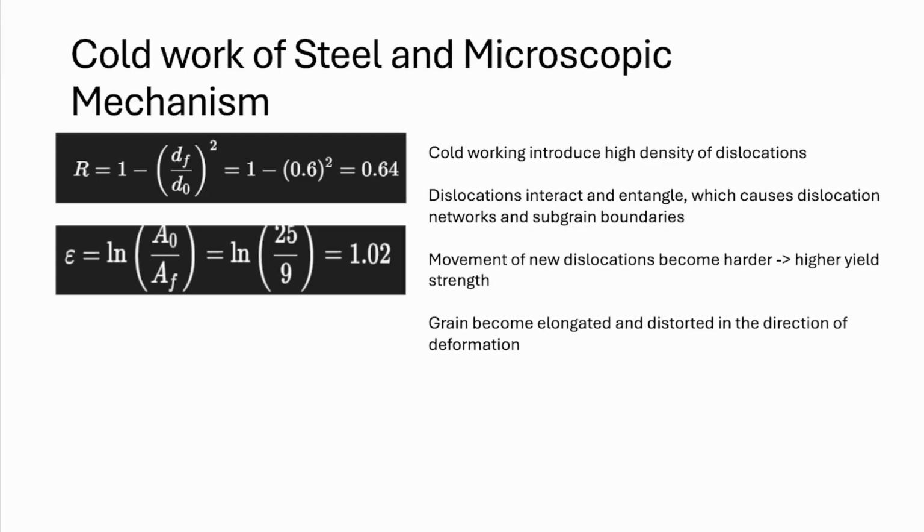Next up is cold work of steel in microscopic mechanisms. The first equation is the equation for area reduction.